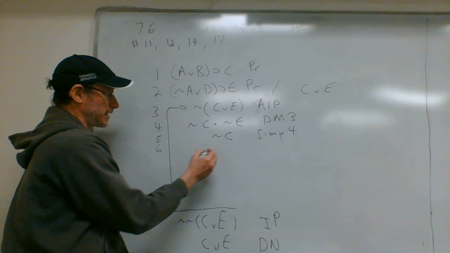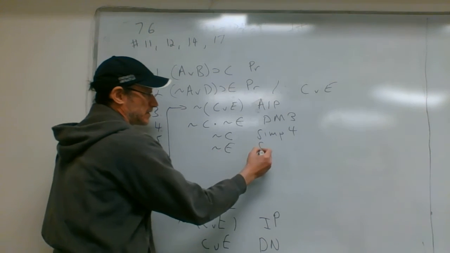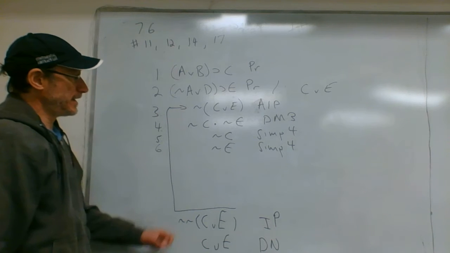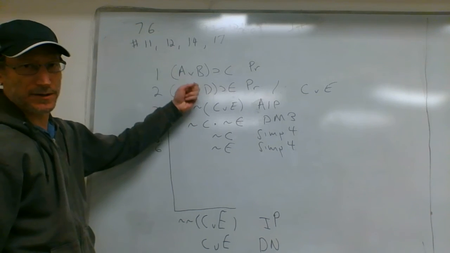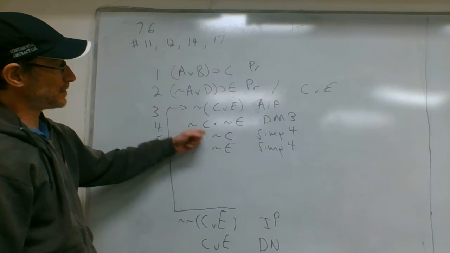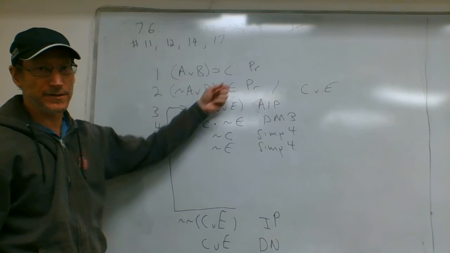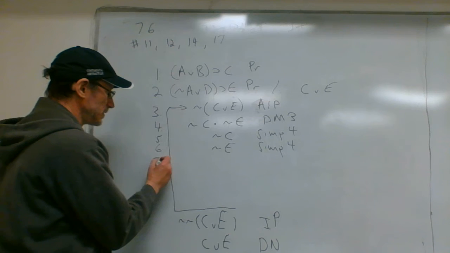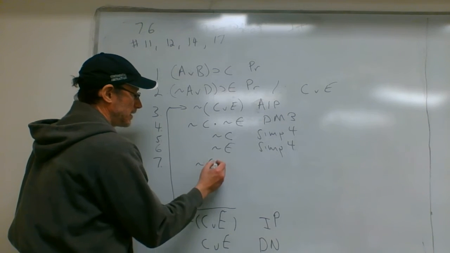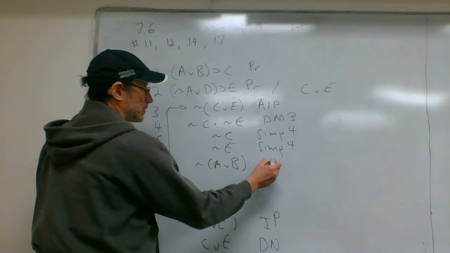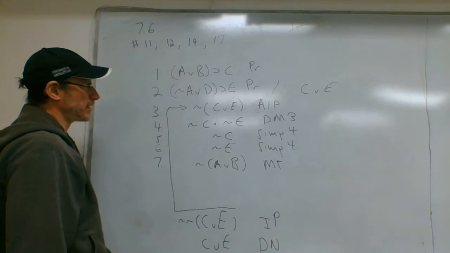We'll get not E by a simp on 4. And now we have 2 modus tollens, right? We have not C over here. We've got a horseshoe with C as the consequent, so we can do a modus tollens to get not A wedge B. That would be a modus tollens on 5 and 1.